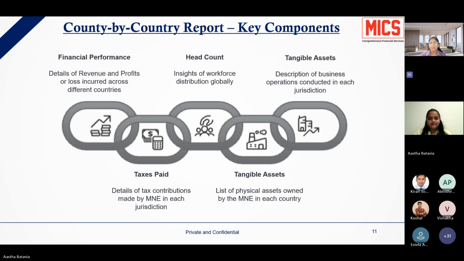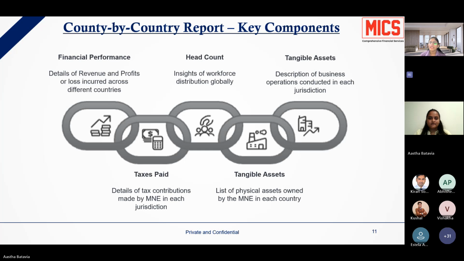Then the other requirement is regarding substance. The tax authority really wants to compare what revenue you have earned and on what basis. So they want to get into deep details and see the substance requirement. And whenever we talk about substance requirement, the most important thing is to see tangible assets and the employees.